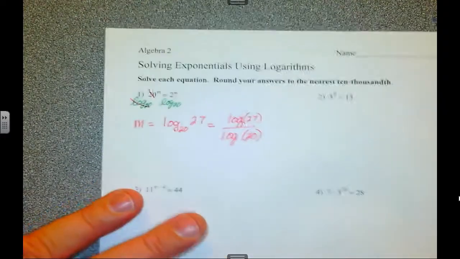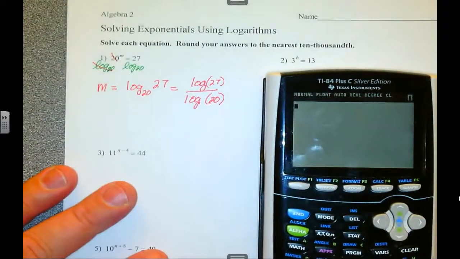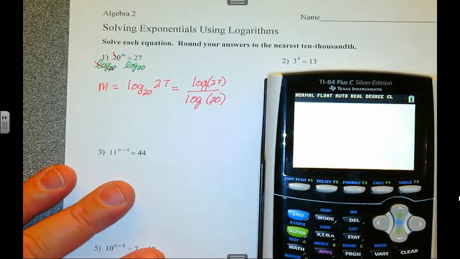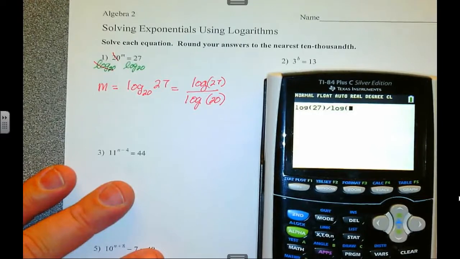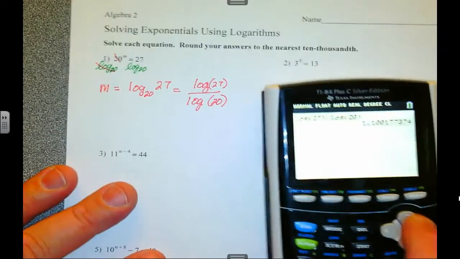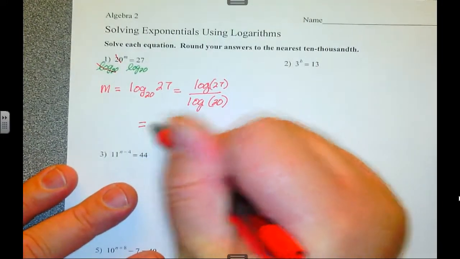By the way, you could use a natural log too. 1.1001, ten thousandths we need.